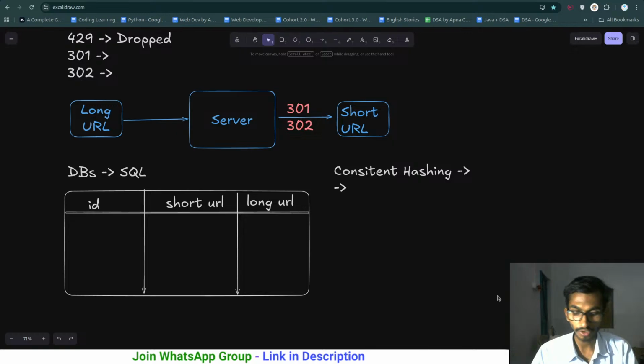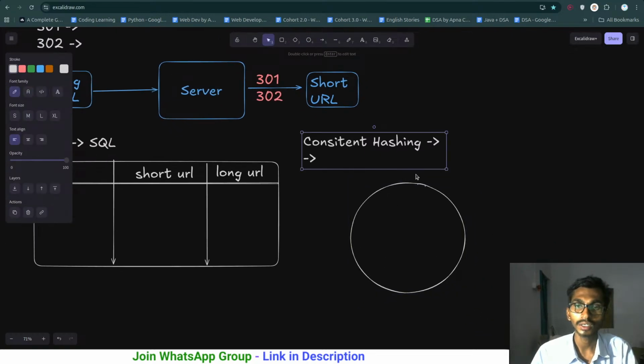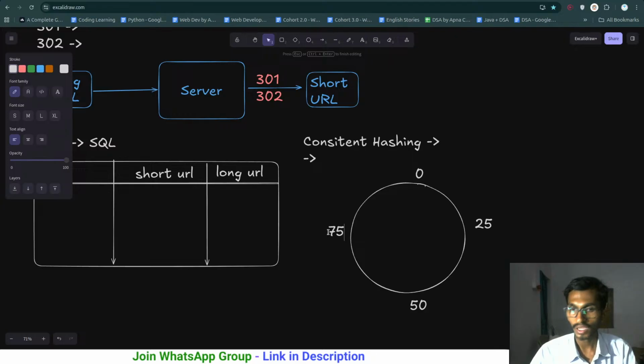So I was saying that consistent hashing has something called a hash ring, just like this. In that hash ring, you simply divide the ring into numbers from 0 to 100. Suppose 0 is here, 25 is here, 50 is here, 75 is here, 100 is here, and then you simply place the databases.